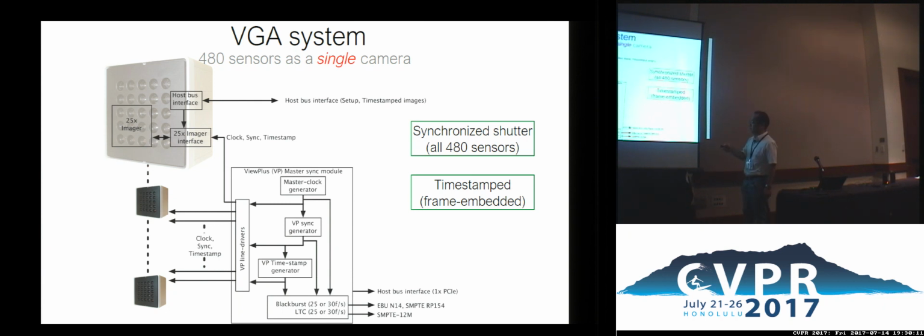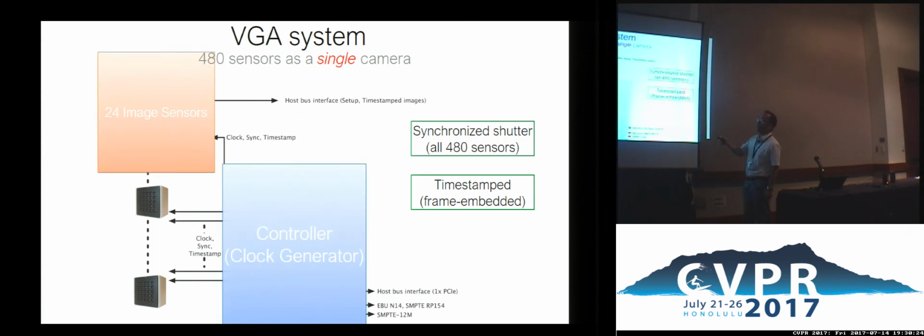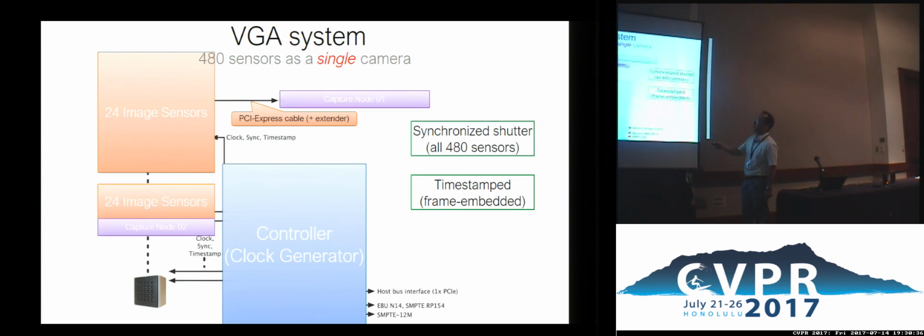That means that we have a master clock generator, and this clock is provided to all the sensors. This drives all the sensors, and each group of 24 sensors has an output by PCI Express, and then we have a capture node here, a capture PC. Here is another group, and so forth.